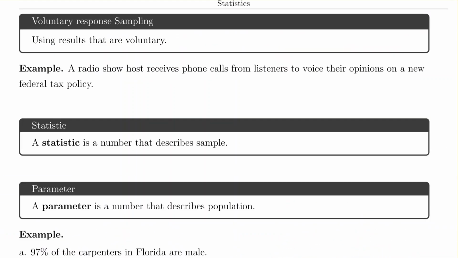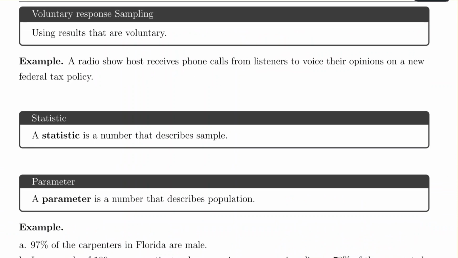Another biased sampling method is voluntary response sampling, using results that are voluntary. For example, a radio host receives phone calls from listeners to voice their opinion on a new federal tax policy. Because listeners volunteer to call and voice their opinion, the sampling is biased. Again, it's not that we necessarily want to use this method when we do research.